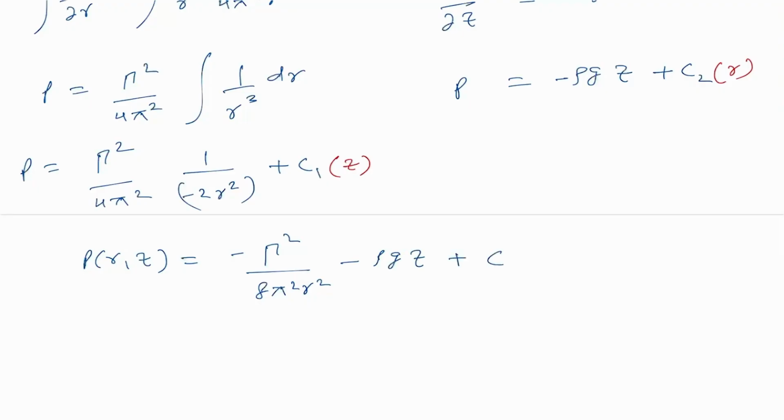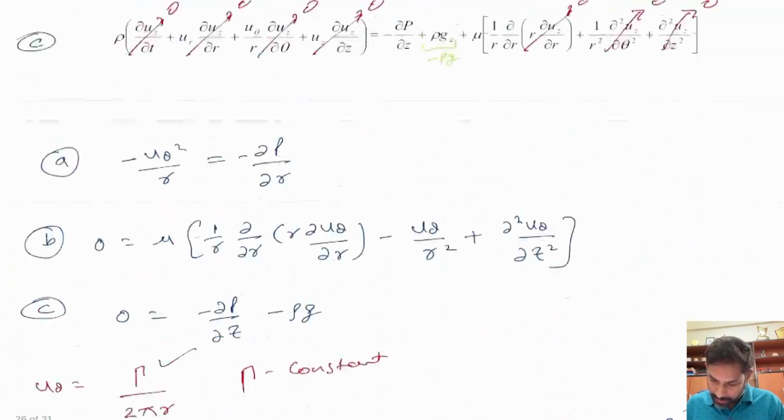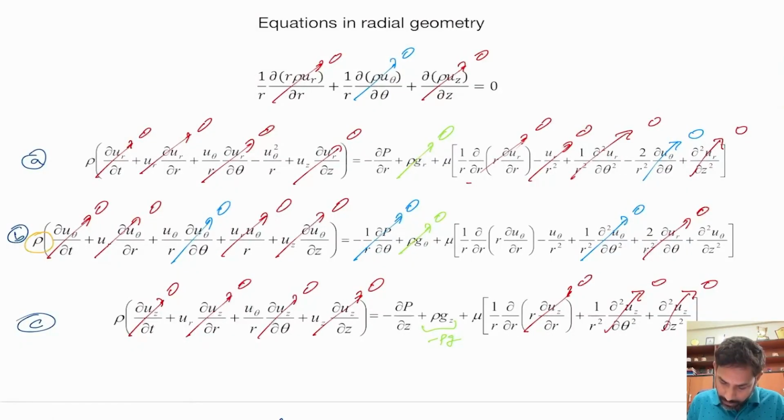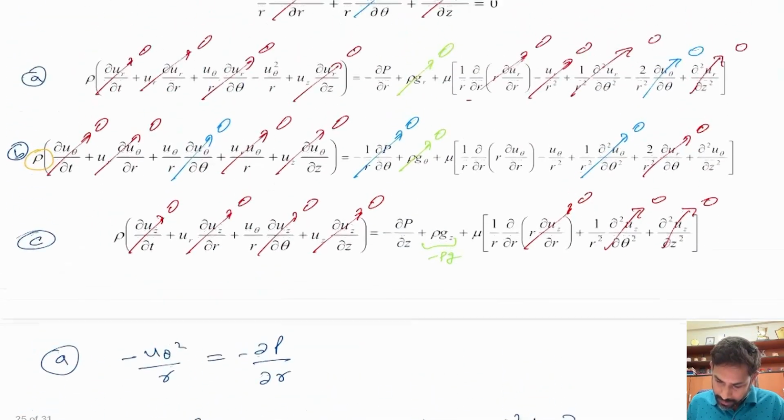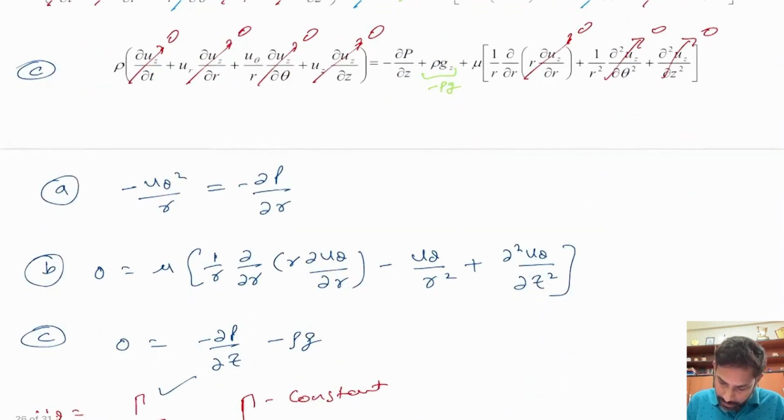And now this constant can be considered simply a constant. This is not a function of r or z. And it seems here again, like in the forced vortex case, we have forgotten one of the rho values, which actually comes from these equations. So this rho value we have forgotten. There should be a rho here.